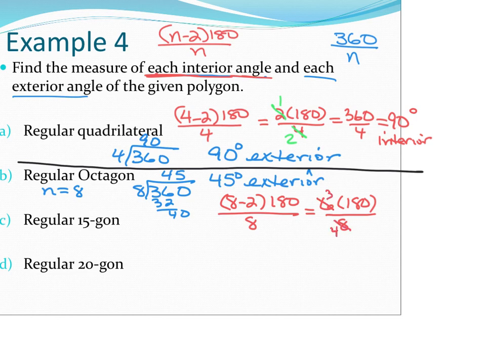You could even simplify the 180 and the 4. 4 goes into 180 45 times. And then 3 times 45 is going to give me 135. And that's what each interior angle is equal to.